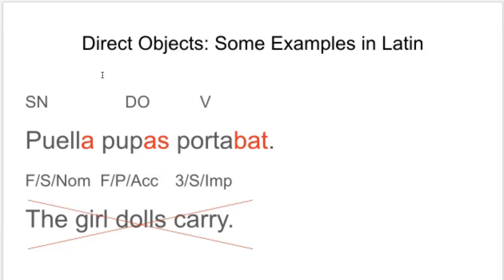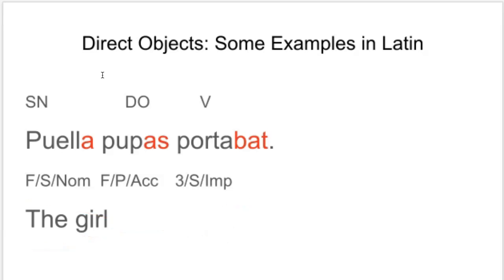So what you want to do is ask yourself a series of questions. First of all, what is the subject of the sentence? The subject is puella. That's girl, the girl. It's singular, so I make sure that it's singular in my translation. Do I have anything modifying girl, like an adjective or a prepositional phrase? I don't. So I move on to my verb. What is the girl doing? Imperfect tense, was carrying.